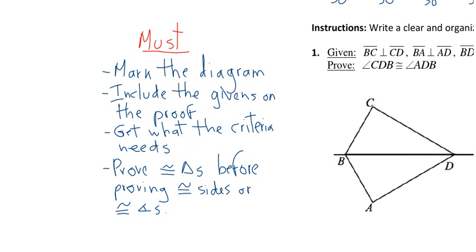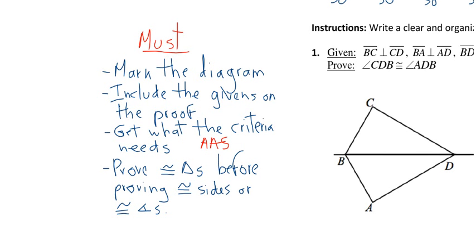For example, if you are using angle-angle-side, these things have to be stated in the statements of the proof: that you have 2 pairs of congruent angles and a pair of congruent sides, and the pair of congruent sides in this case is a side that is not included between those 2 angles. So you must get whatever the criteria needs. You cannot just have whatever you want and say, oh, I have this criteria.